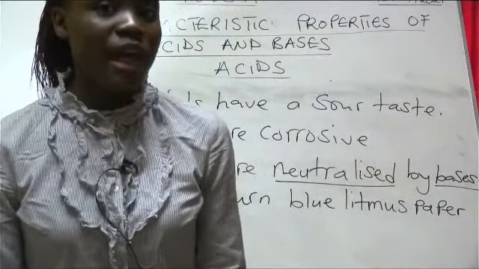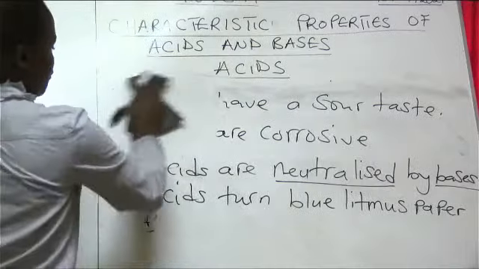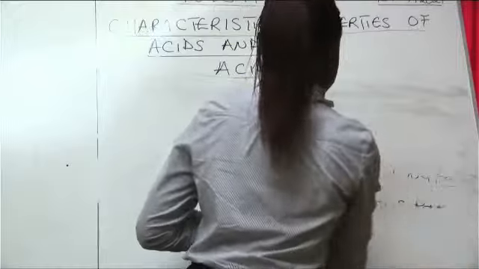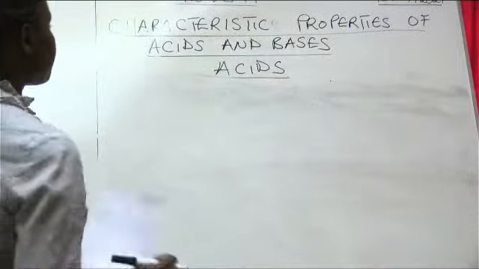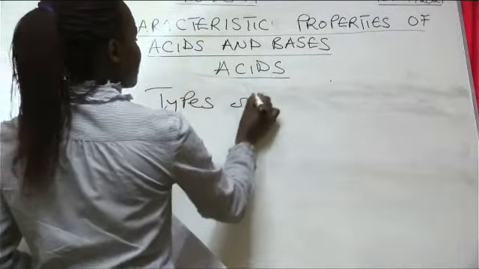Let's look at the types of acids that we have now. The two major types of acids that we have. The first type is mineral acids.